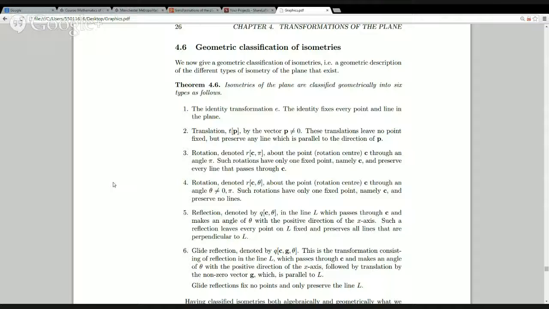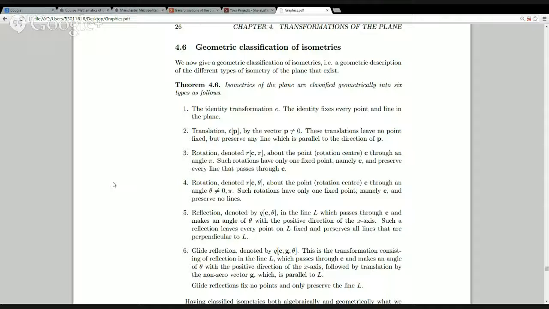So a generic point x out here will get sent to this point here, which will be Q c theta applied to x. Okay, the whole plane gets reflected in that line. Now, what kind of fixed sets or preserved sets does that transformation have? Well, every point along the reflection line is fixed, because if you're already on the reflection line, then when you reflect the plane, that point is still at the same position.